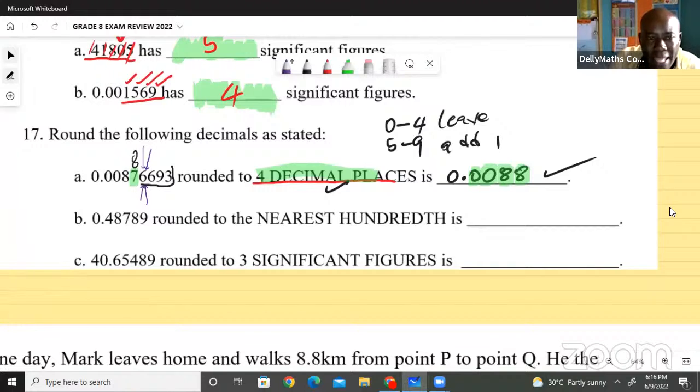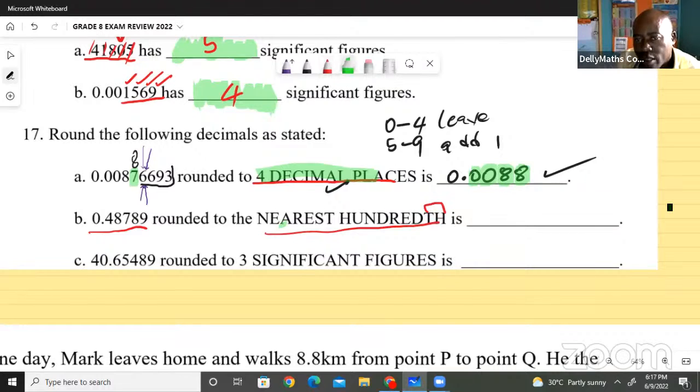All right, so we're looking at the second question. The second question says here, 0.4789. We want to round this off to the nearest hundredth, and the TH is there.